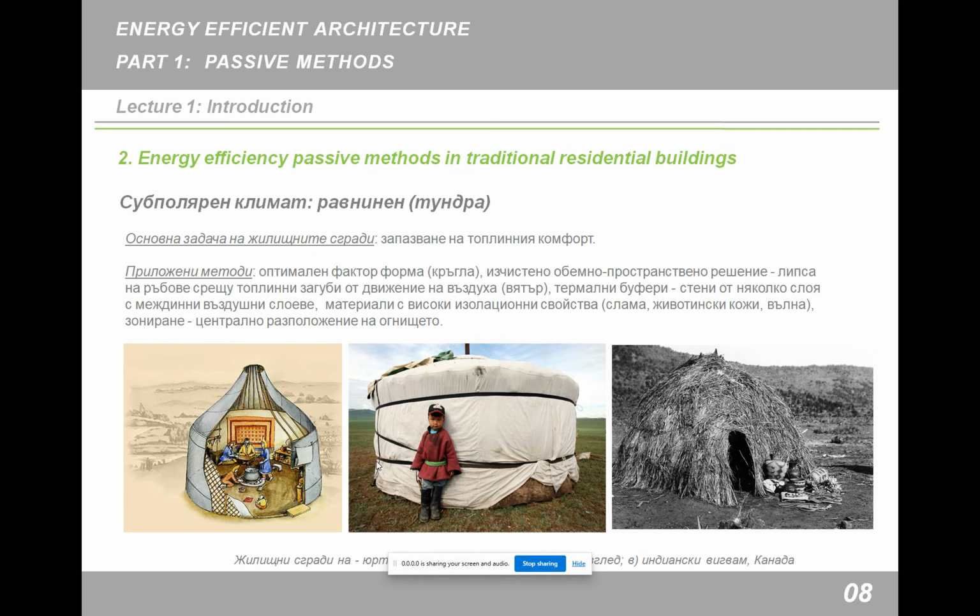The next subpolar area is where the plains are, so-called tundra. Again, the main purpose of the residential buildings is to keep the warmth inside. They use again a circle form to lessen the heat loss because of strong winds.